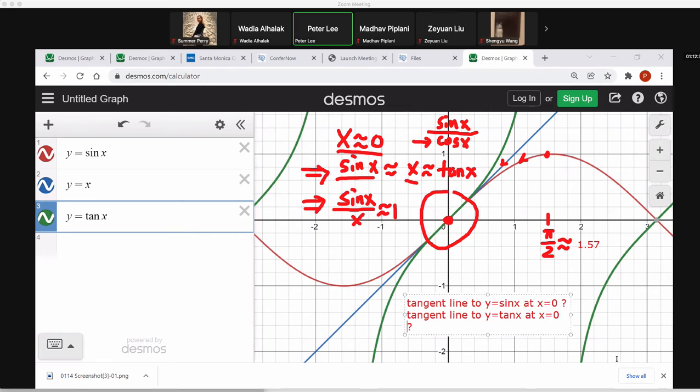It is actually y equals x. What is the tangent line to the curve y equals tangent x at x equals 0? Also y equals x. So y equals x turns out to be the tangent line to the curve y equals sine x, and y equals tangent x at x equals 0.